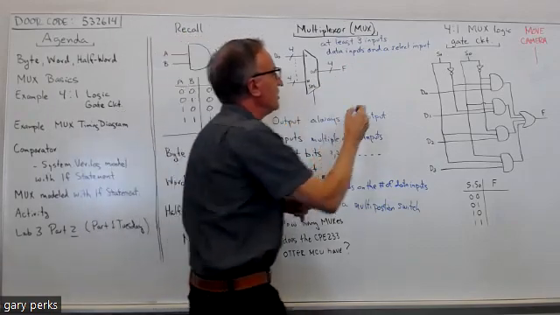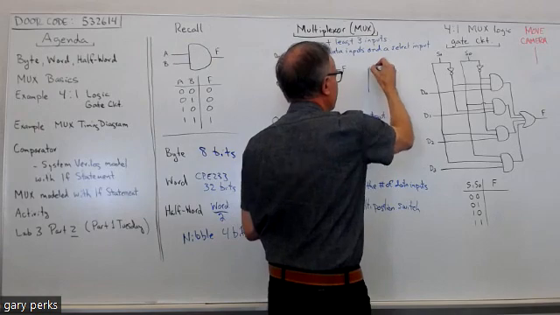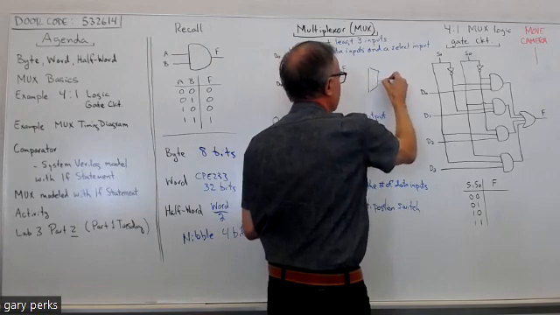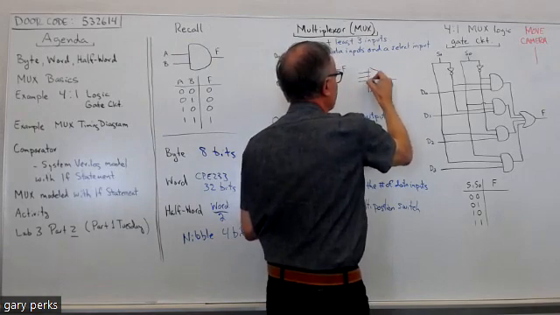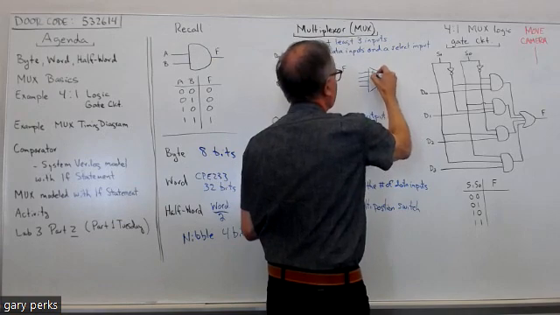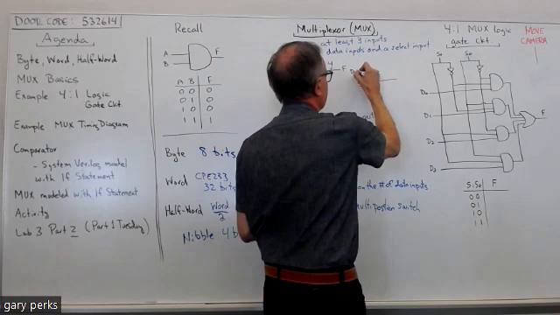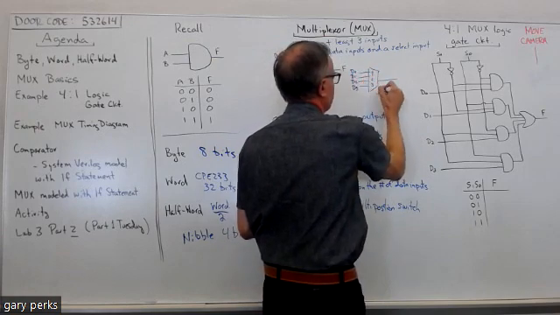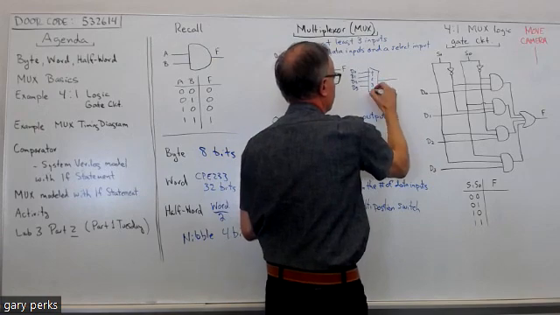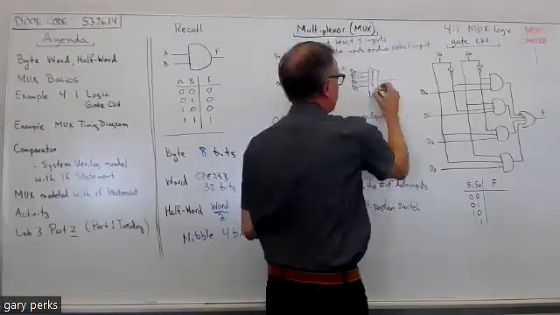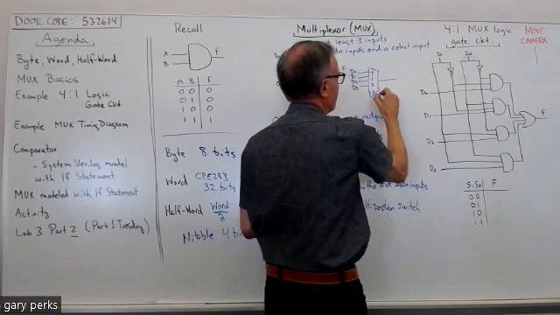Okay, so say we had a MUX with 4 inputs. And S here is for select.